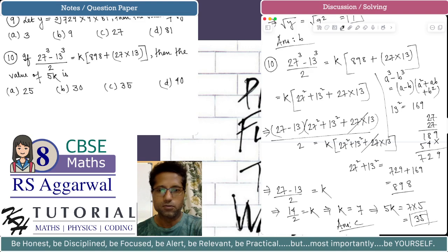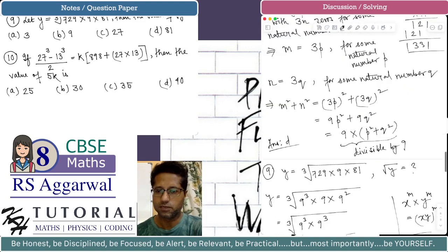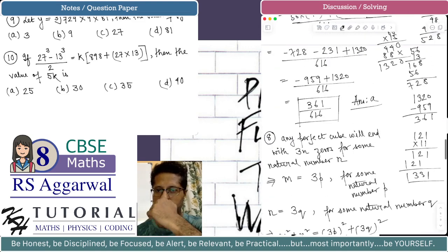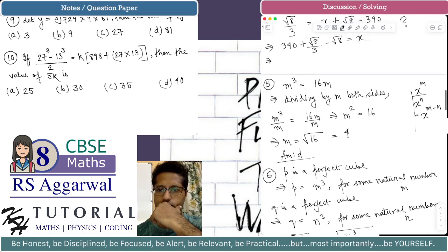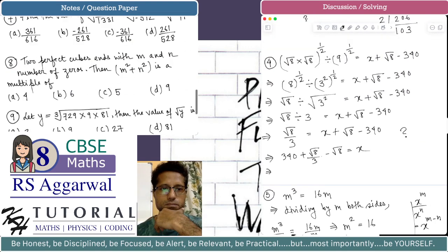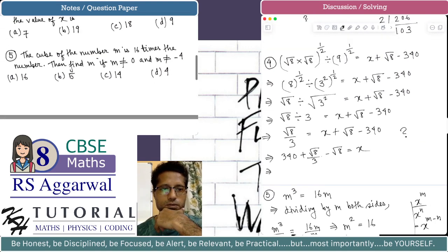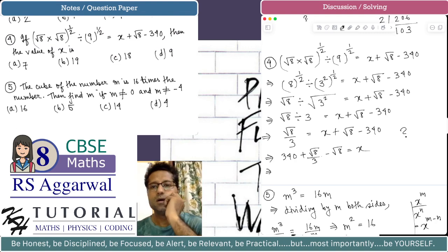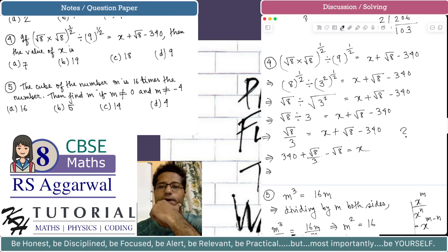Now let's go back to the two questions which I marked with a question mark. Question number 4 is this one: square root of 8 multiplied by square root of 8.